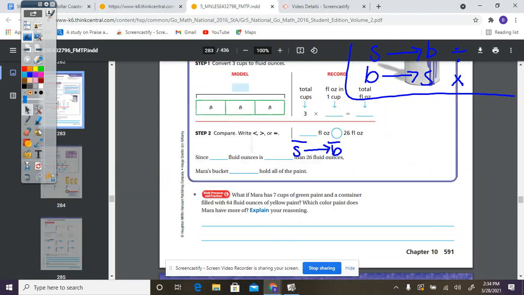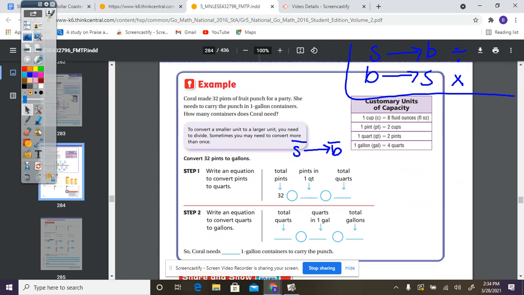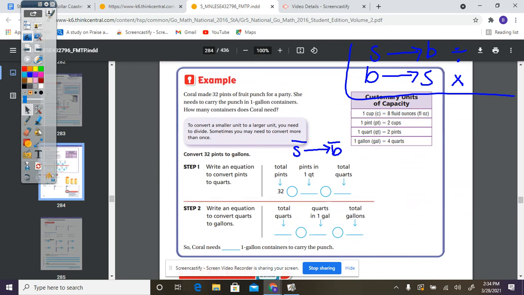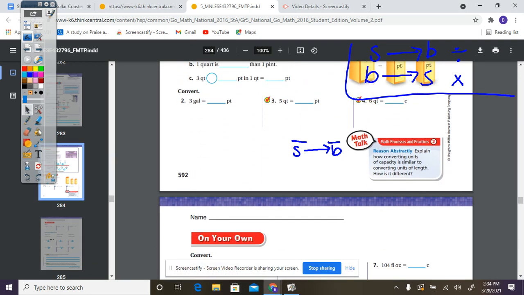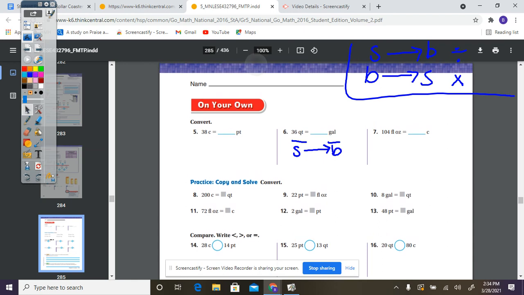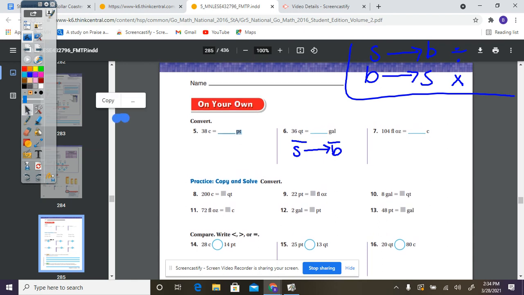So, quarts to gallons, we need to go look at our chart for quarts and gallons until we get this memorized. Looking at the bottom of that chart, there are 4 quarts in 1 gallon. So let me go back down to my work. 4 quarts in 1 gallon. So I know I'm dividing this 36 by something, and the something is the conversion.